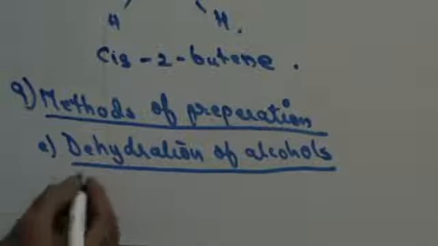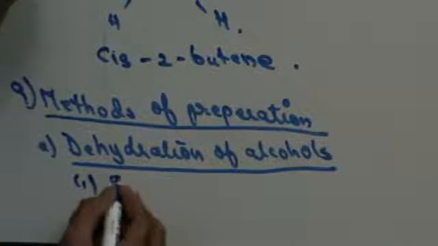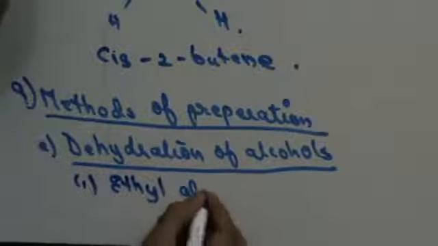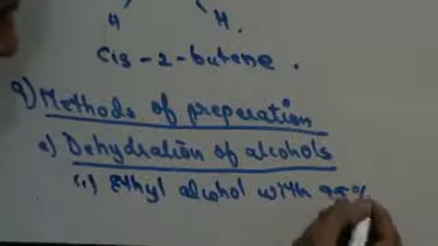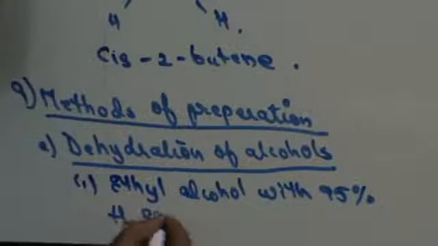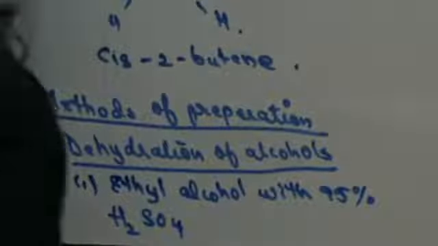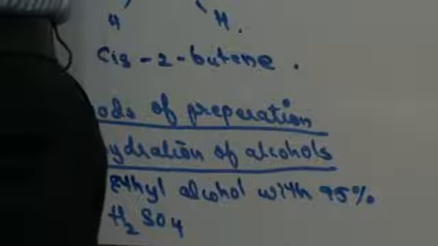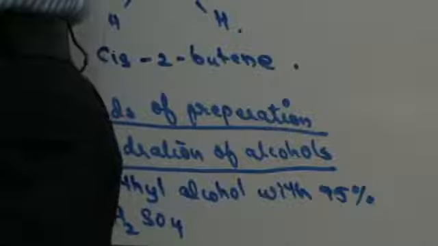I'll show you this with the help of an example. What happens when ethyl alcohol is heated with 95% sulfuric acid? Ethyl alcohol. Ethyl means 2 carbon atoms, single bond, and alcohol is OH.